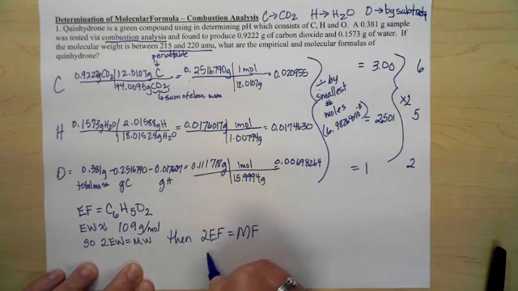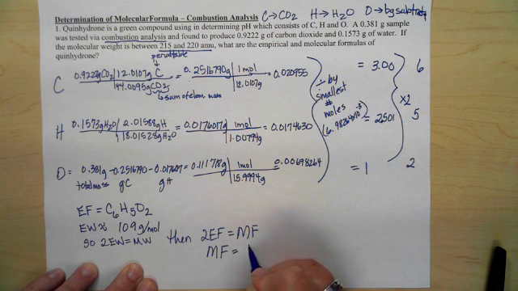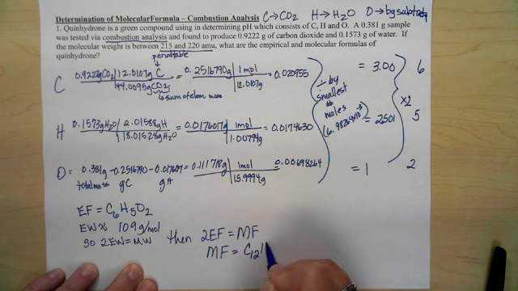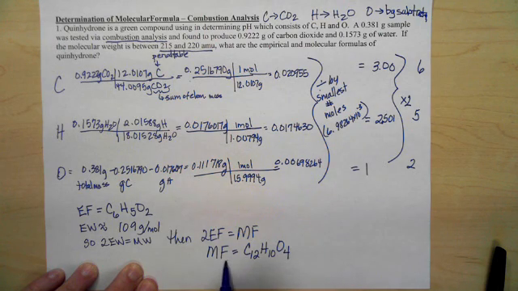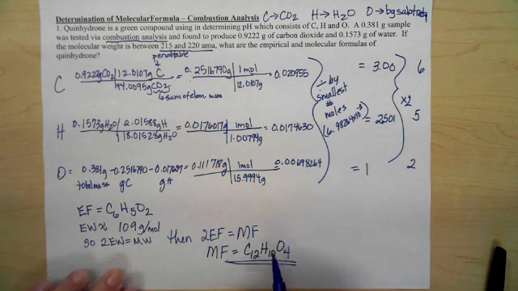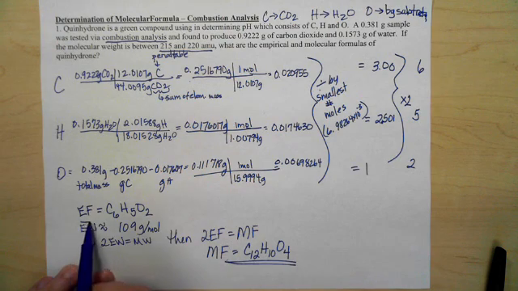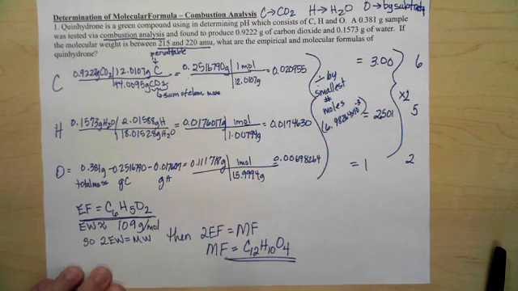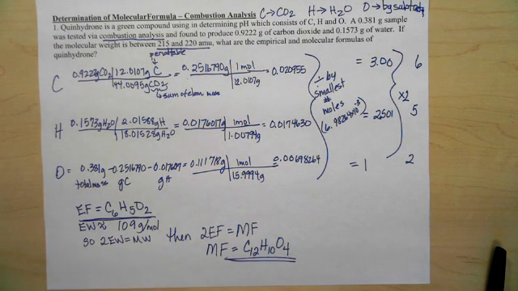So the molecular formula is going to be equal to C12H10O4. In this particular case, the problem asks for both the empirical formula and the molecular formula. So remember, even if the empirical formula and the molecular formula are the same, you have to identify them.